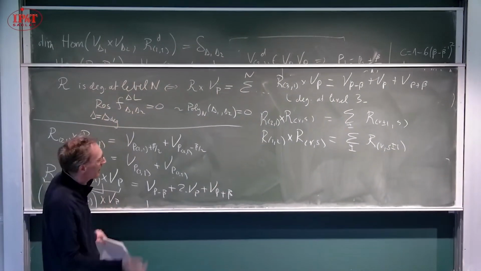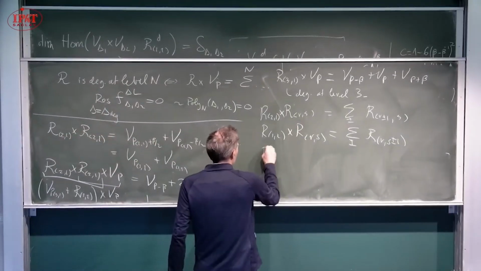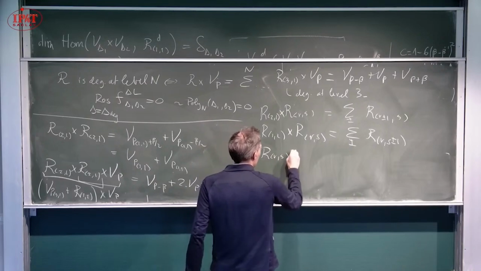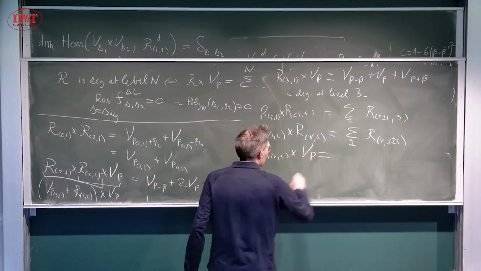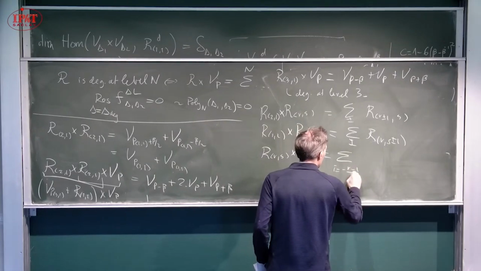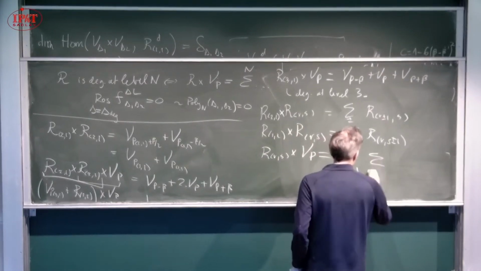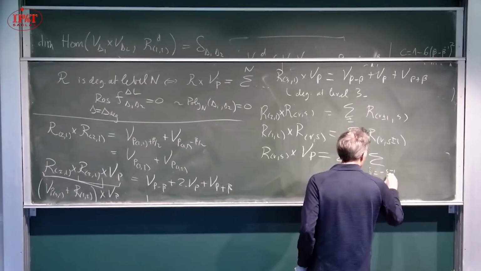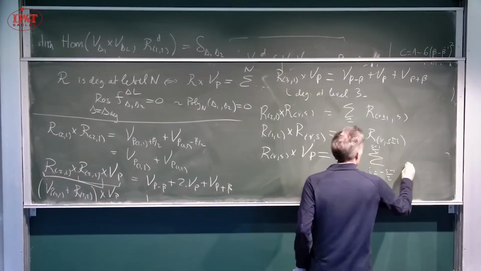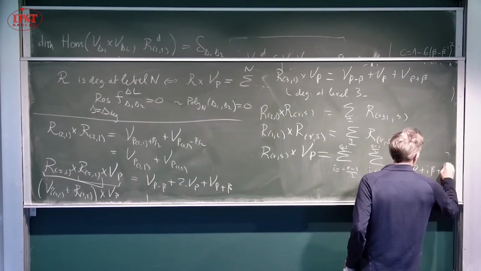And then by recursion in R and S, you can get the fusion product of this one with any Verma module, which is just the sum I equals minus R minus 1 over 2 to R minus 1 over 2, J minus S minus 1 over 2 to S minus 1 over 2, of Vp plus I beta plus beta minus 1.